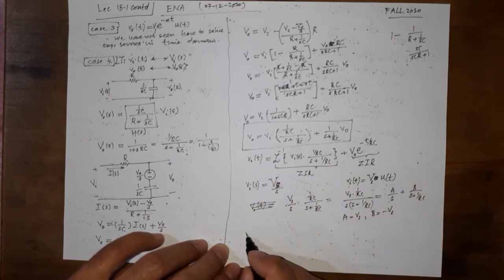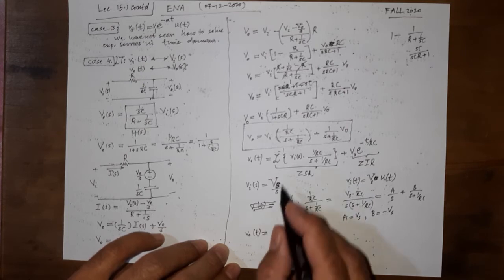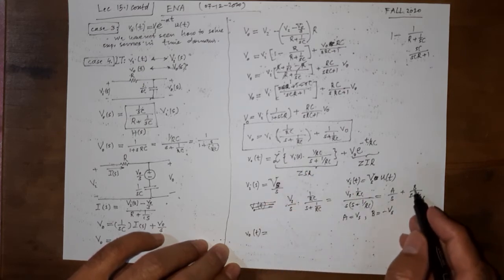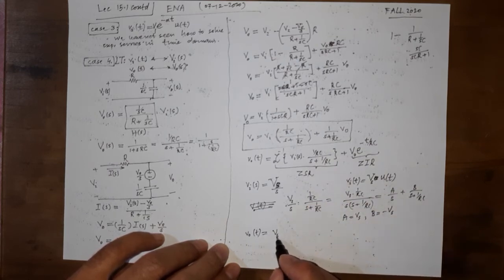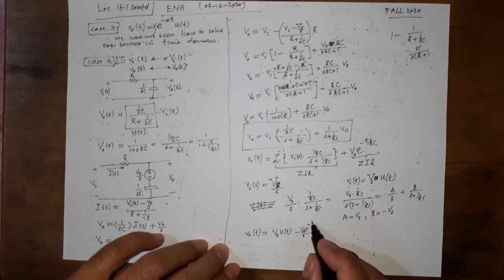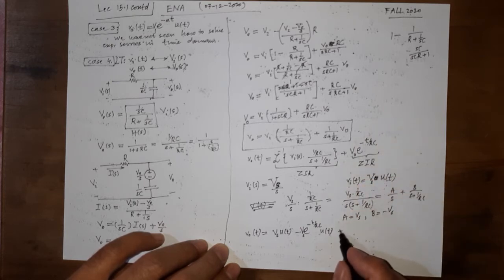So we can write this V naught t to be equal to the inverse Laplace transform of this whole thing, and that would be Vs u(t) minus Vs e raised to the power minus t over RC into u(t), and this term is already there, V naught e raised to the power minus t over RC.